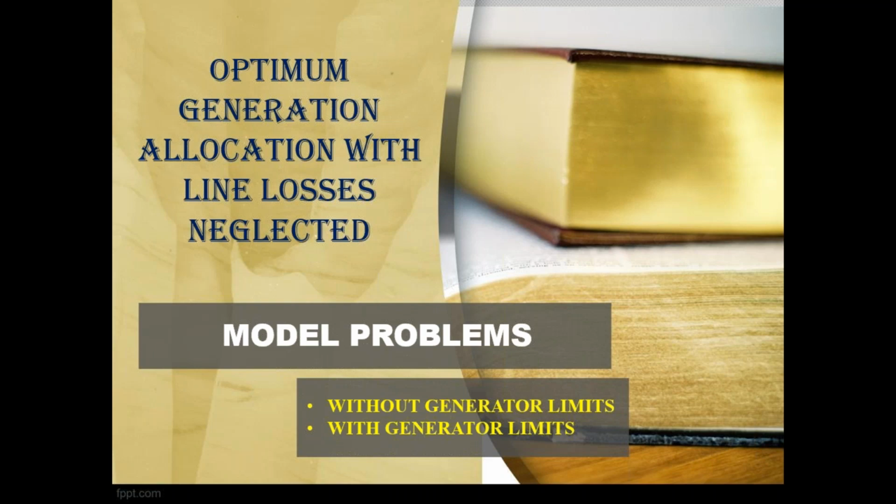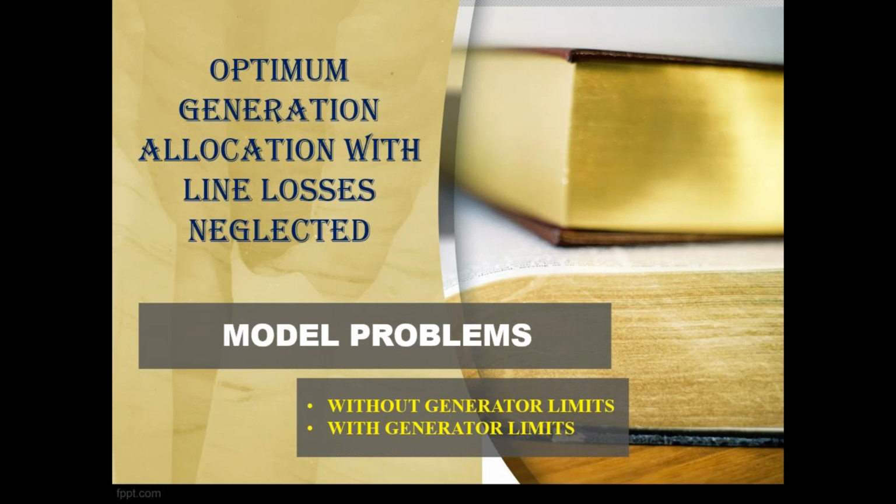Here we are observing in real time the performance of a particular unit. In the second method, we are obtaining the scheduling while neglecting the line losses, and in that we again do two cases, generator limits not included and included. So that is called the analytical method.